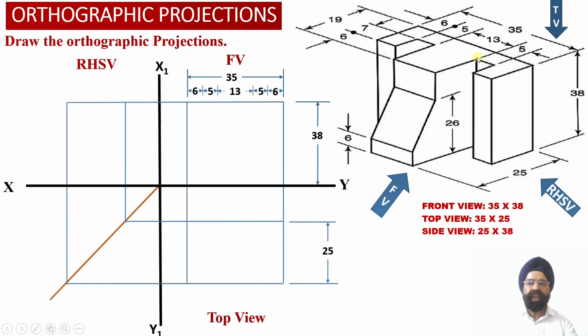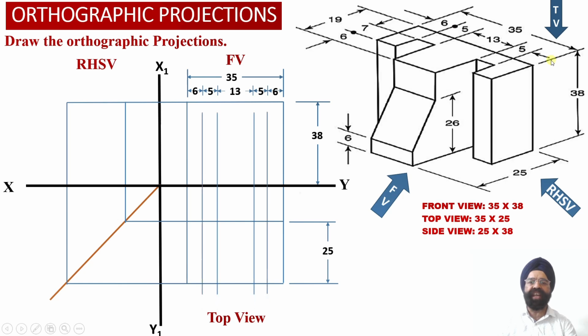Then the width of the rectangular groove which lies on the right hand side of element number 3 is equal to 5 millimeter. And finally, the width of the vertical web lying towards the right hand side face of the solid is equal to 6 millimeter. This way we have been able to evaluate the width corresponding to the different elements of this engineering object.